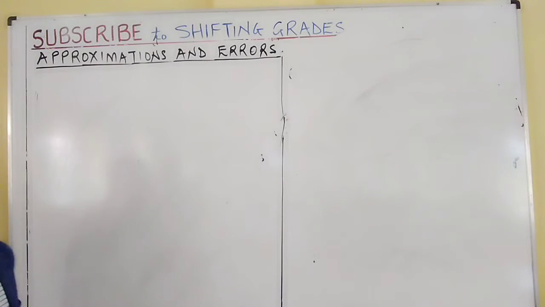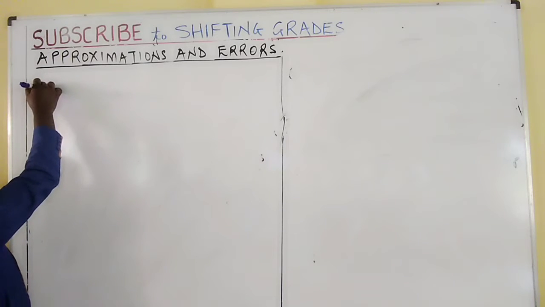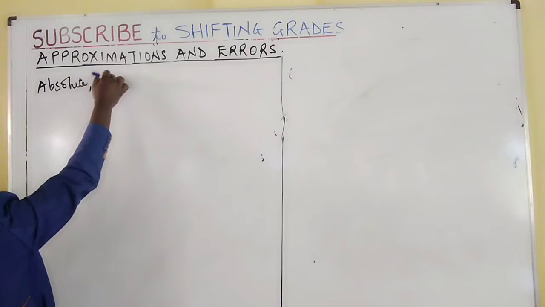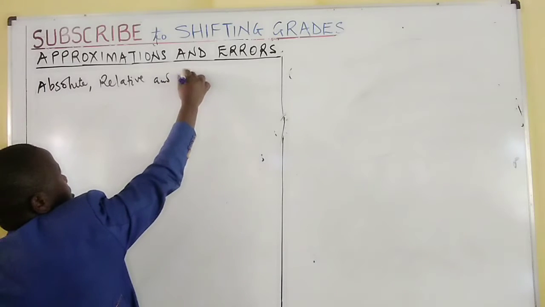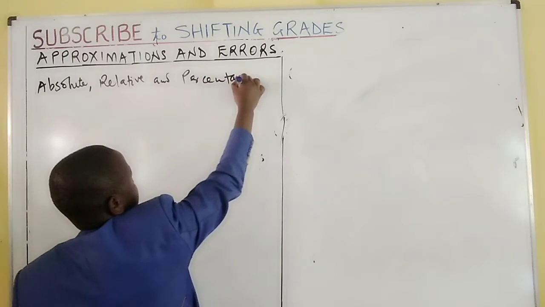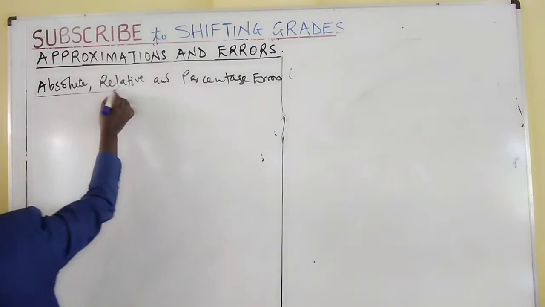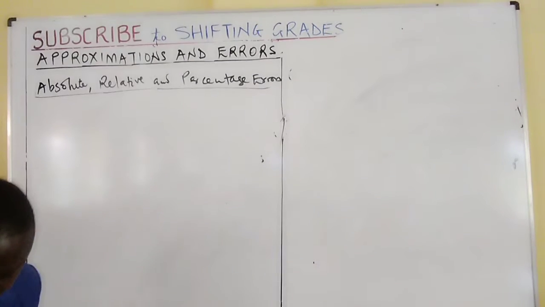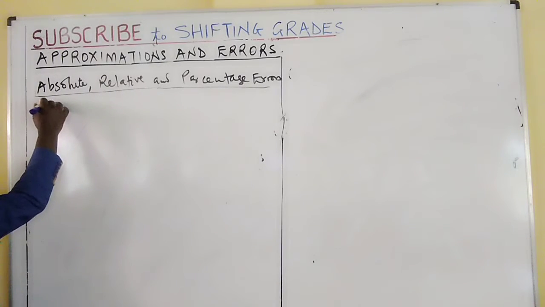Therefore, we say we have now absolute, relative, and percentage error. I would like to handle the 3 of them. Let's go. And I'll start by recording them.